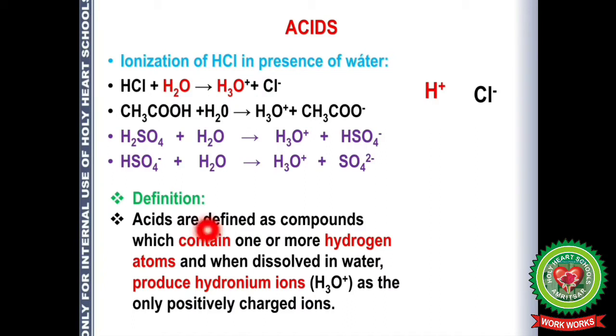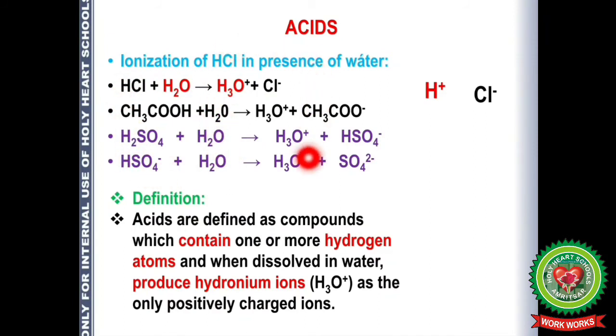Accordingly, let's first discuss the definition. Acids are defined as compounds which contain one or more hydrogen atoms. We have already seen acids contain hydrogen atoms, and when they are dissolved in water, they produce hydronium ions as the only positively charged ion. So when we see this reaction, the positively charged ion is hydronium ion. The other one is the negatively charged ion. So what is required? The acid should have hydrogen.